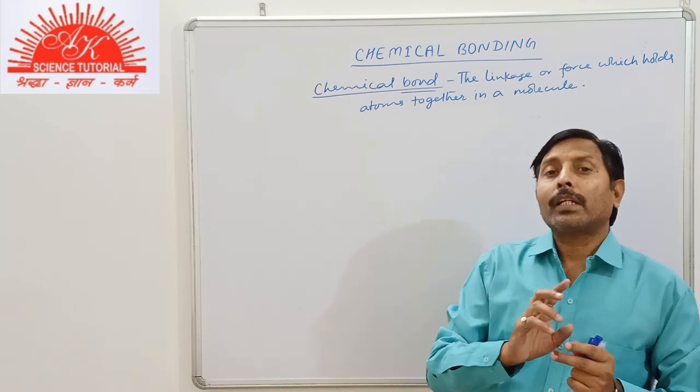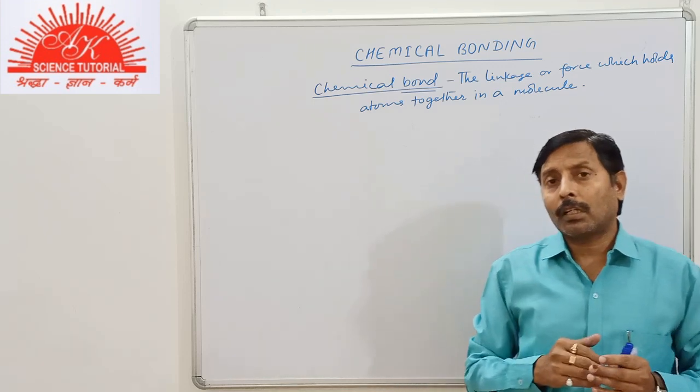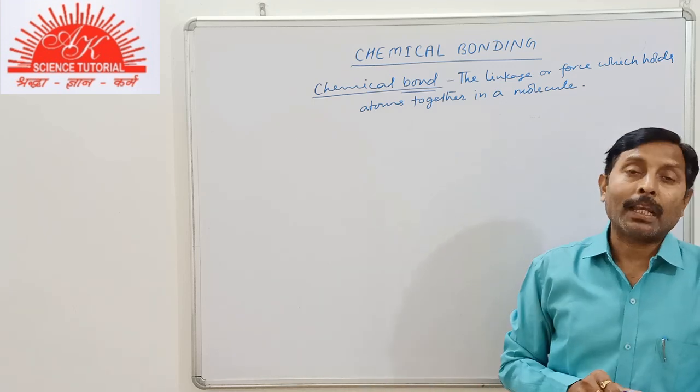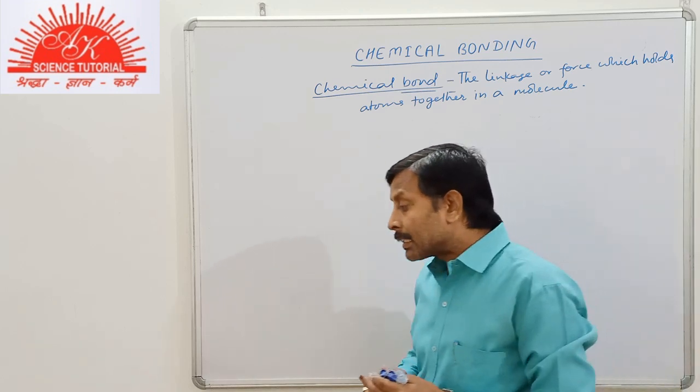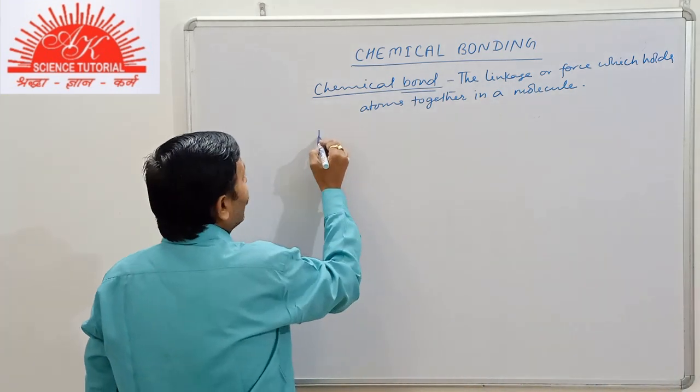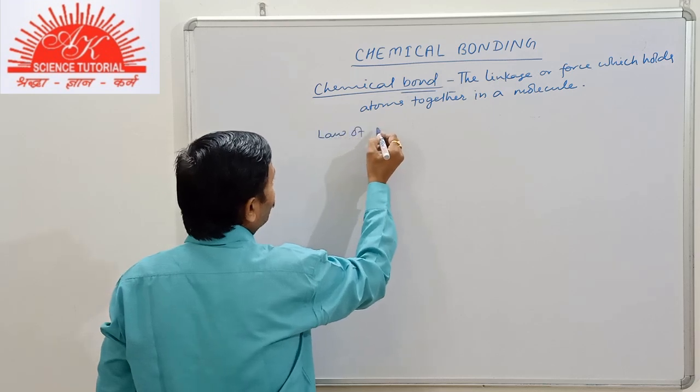Now, students, I have just used 2 or 8 valence electrons. Accordingly, it is used as the law of duplet.